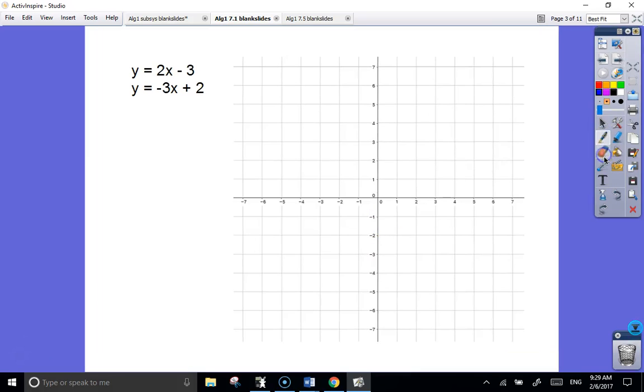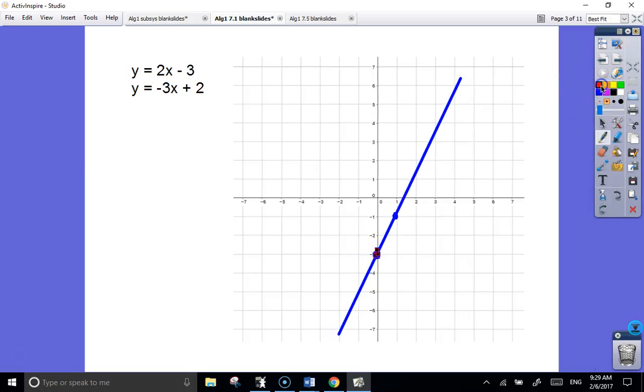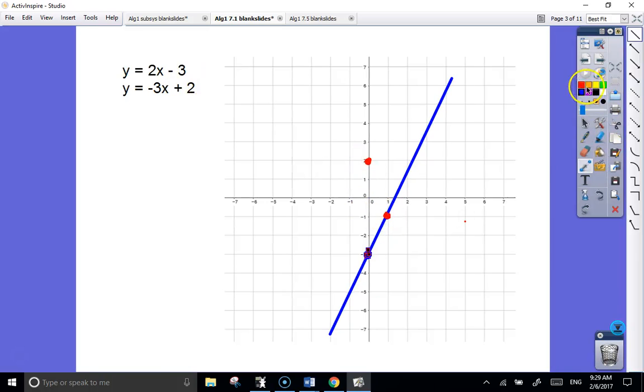And the slope is 2, so I go up 2, right 1, and with that I can draw a line. The other equation has a y-intercept of +2, and the slope is -3, so down 3, right 1, and then I draw a line.